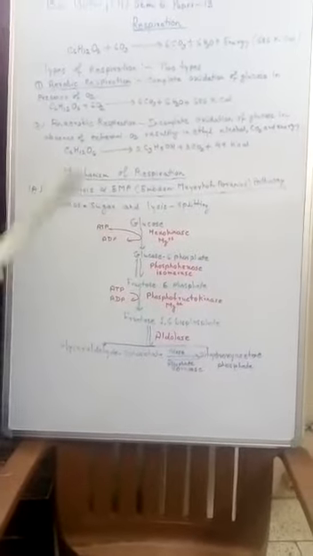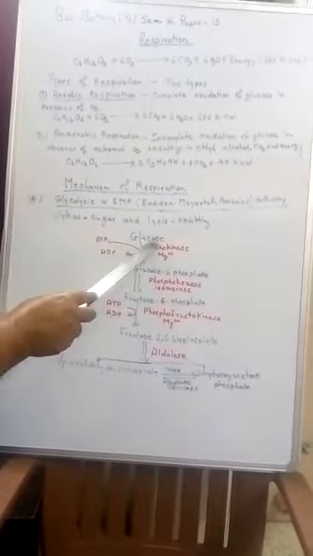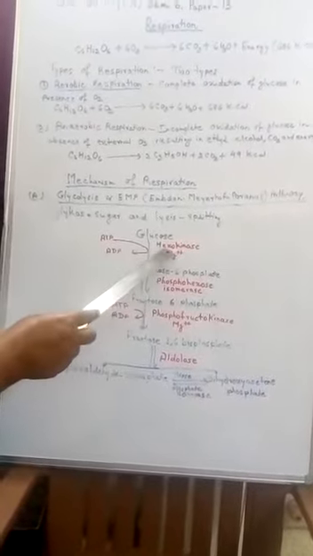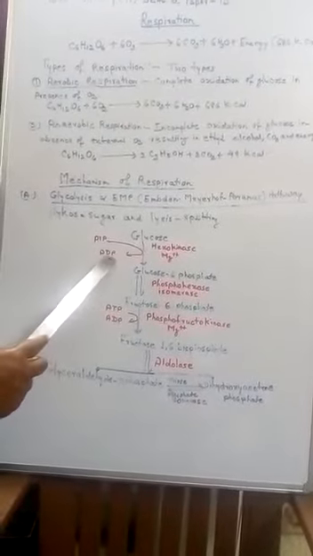First you see the glucose, this is the product that comes from photosynthesis. Glucose is converted into glucose 6-phosphate in the presence of the enzyme hexokinase and magnesium, and at the same time ATP is converted into ADP.